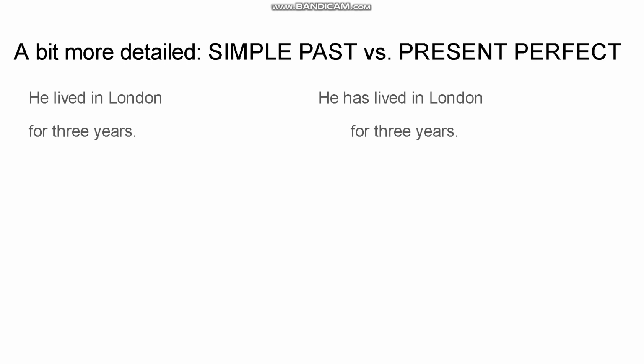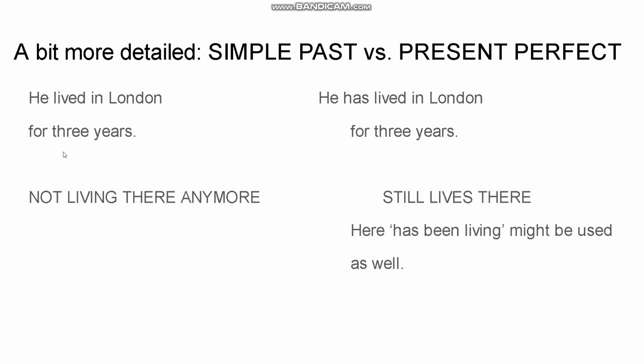And then the last example, I think, he lived in London for 3 years versus he has lived in London for 3 years. Once again, the difference has to do with the fact that the present perfect has a link with now and the simple past hasn't. If you say he lived in London for 3 years, this implies that he's not living there anymore. If you say he has lived in London for 3 years, this normally means that he still lives there.